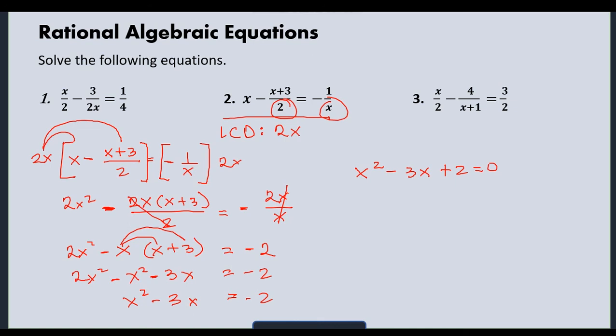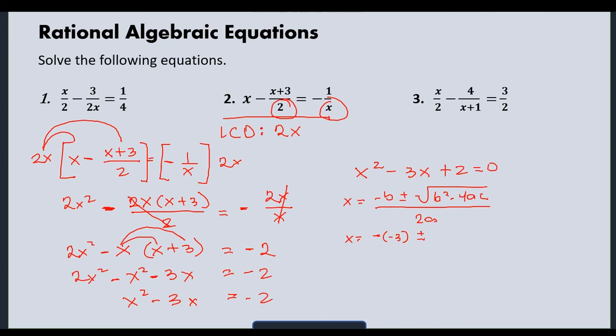So again, our quadratic formula is x equals negative b plus minus the square root of b squared minus 4ac, all over 2a. So let's substitute. x equals negative, b is negative 3, so I'll be having here negative (negative 3) plus minus.